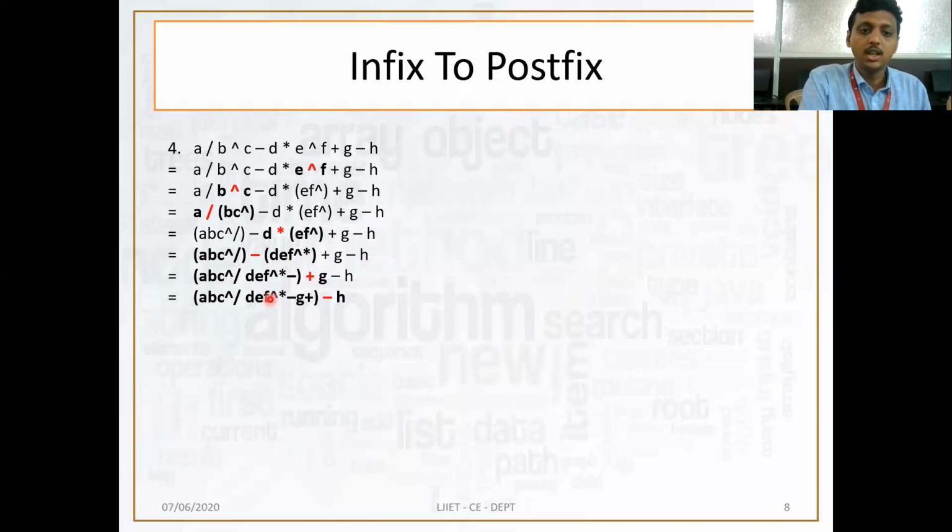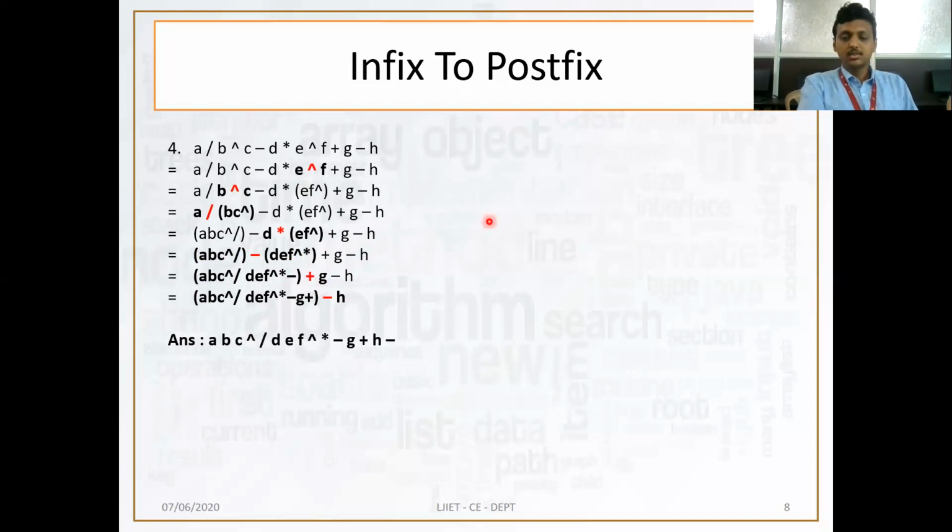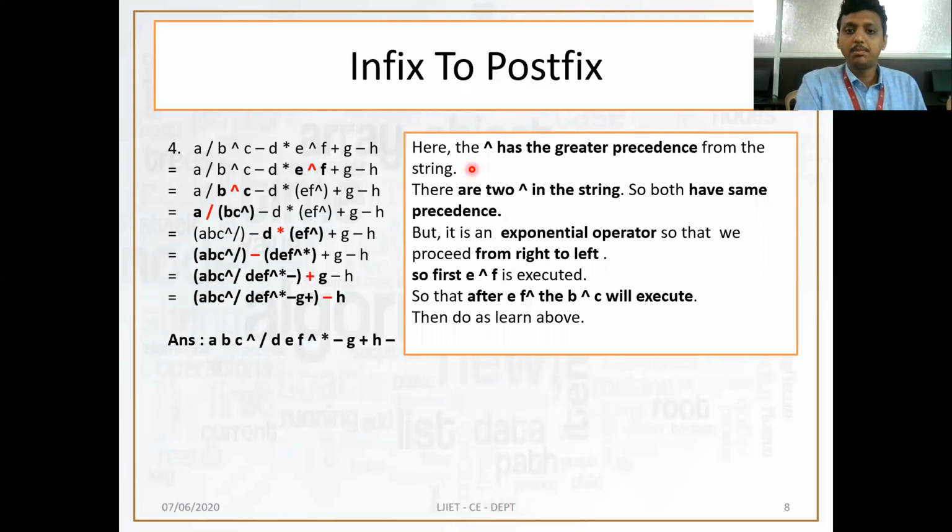Again take the whole string, combining H minus at the back side. This is your answer: A B C caret division D E F caret star minus G plus H minus. Here both carets have the same precedence, so we take from right to left, executing E F first, then B C.